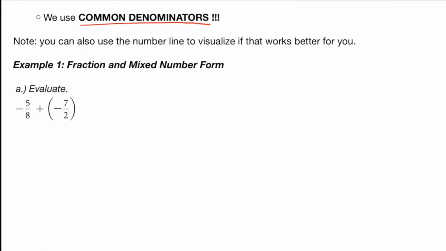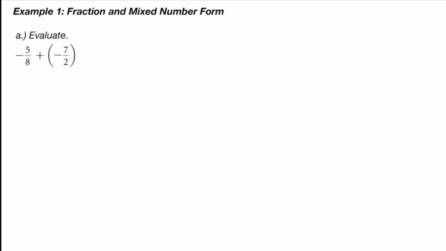So here's example 1. We have negative 5 over 8 plus negative 7 over 2. You're adding two negatives together, so your answer should become more negative. Again, key thing, you need to find common denominators. These are my denominators, 8 and 2.